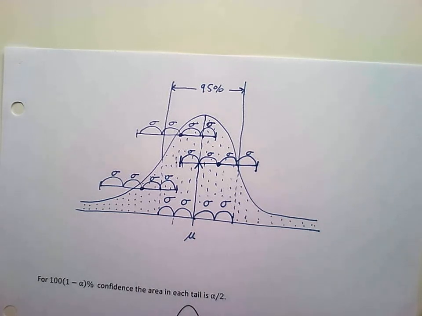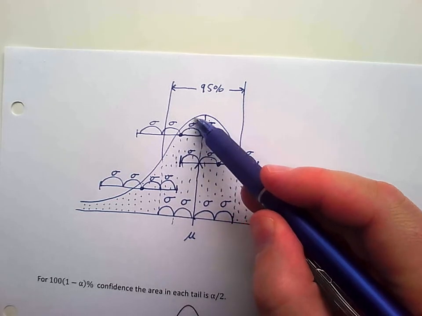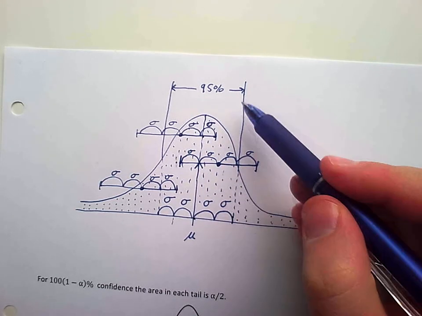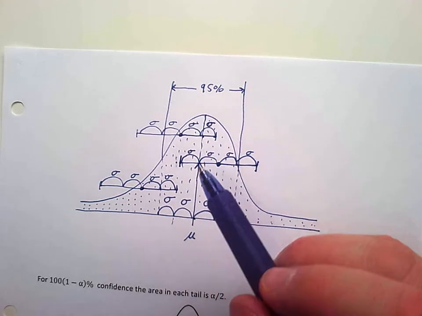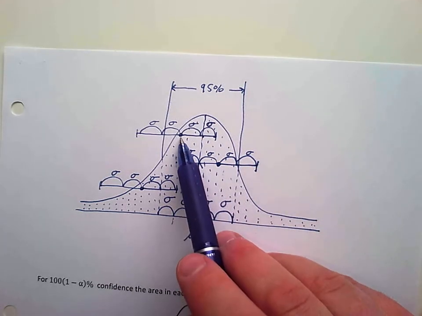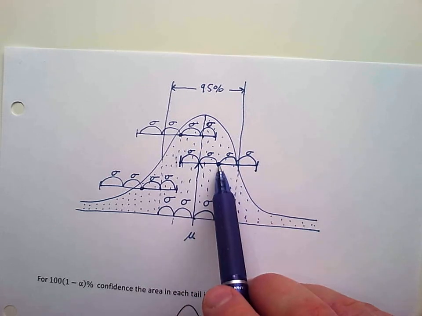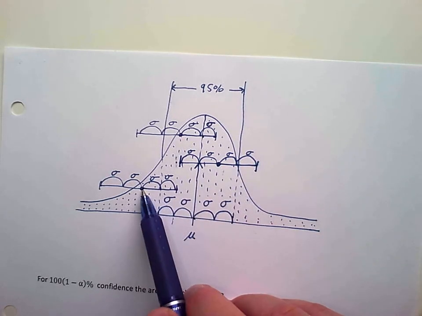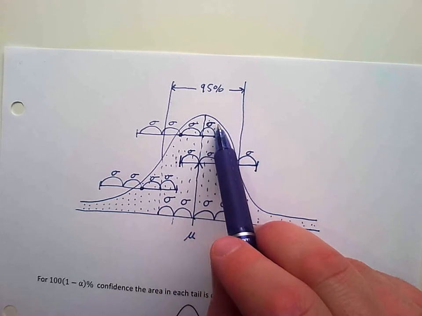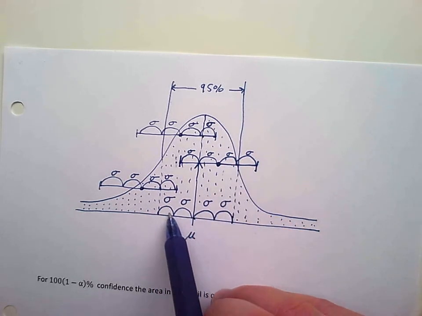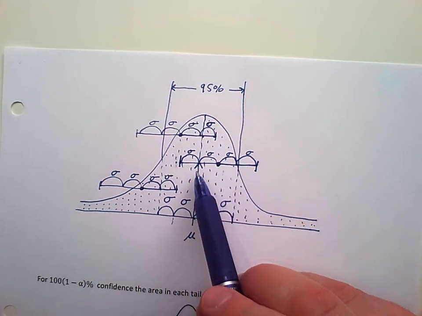So therefore, since 95% of our dots are in between these two cutoffs, that means that of the intervals that I create, like I did right here where I'm adding and subtracting 2 sigmas from each side, only the intervals that I create in this 95% range right here will contain the value mu.